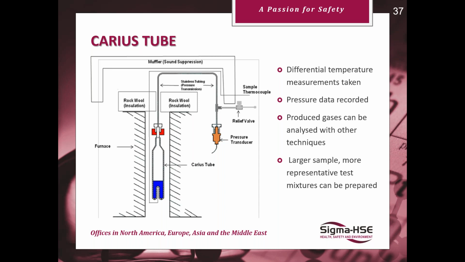You can have it hooked up to a GCMS that will tell you what your gas is as well, and from that, you can infer what your decomposition product left in the vessel is. Again, this is a larger sample than DSC, so it's easier to prepare a representative mix if you've got a heterogeneous sample.